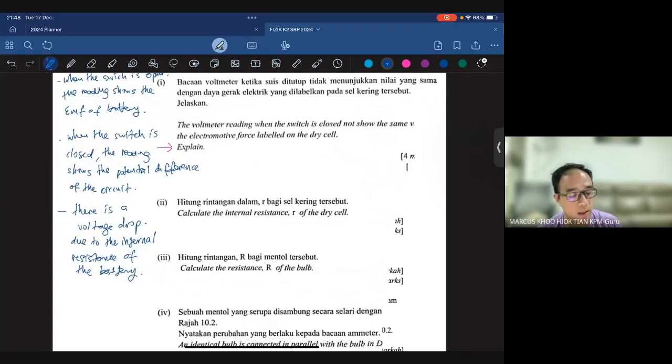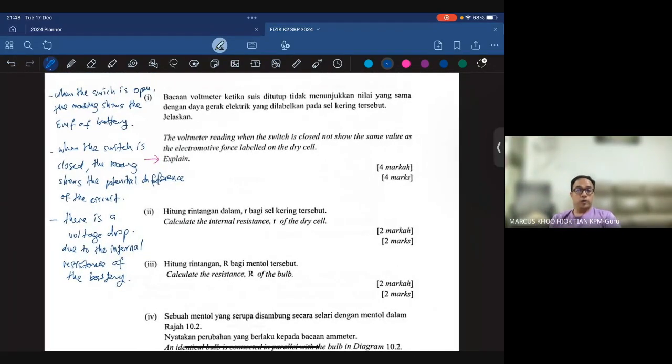Okay, I think it's good enough. When the switch is open, the reading shows the EMF of the battery. When it's closed, it shows the potential difference of the circuit, but there is a voltage drop. Actually, this is the 4th point. The voltage drop is because of the internal resistance of the battery.